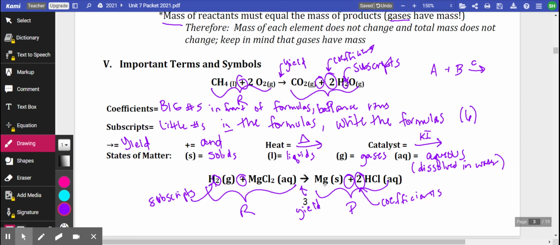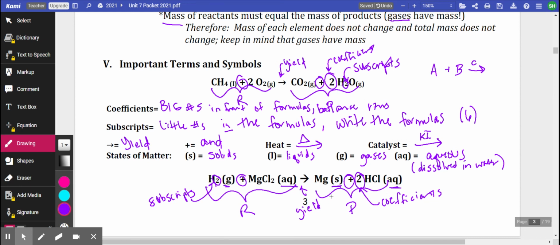And then we have in here as well the states of matter. So in this case, hydrogen's a gas, magnesium chloride is dissolved in water, it's aqueous. This produces the solid magnesium and a solution of hydrochloric acid, okay, that's dissolved in water.